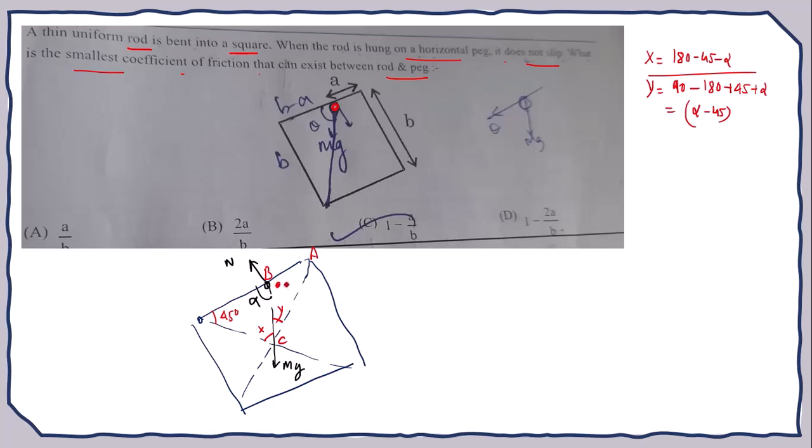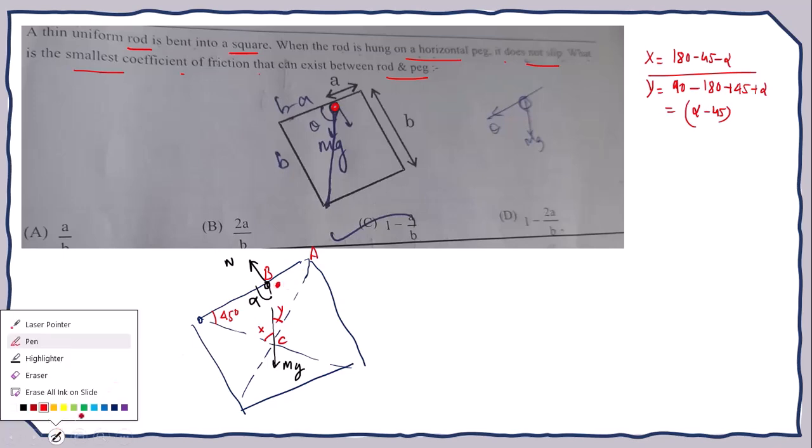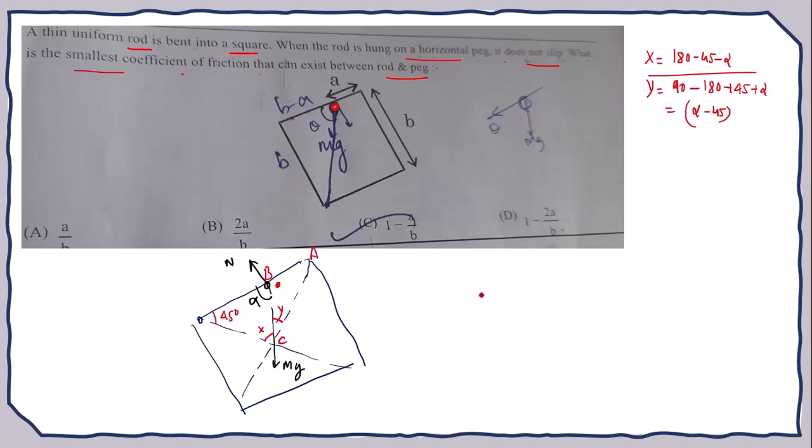This is 180 minus alpha. So now I can draw one triangle ABC, where this angle is 180 minus alpha, this angle is y, that is alpha minus 45, and this angle is 45.